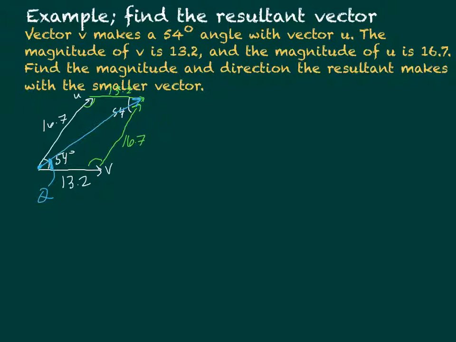To do that, I'm going to want to start by finding this angle right here, the angle between my u vector and my v vector, in this case. So I'm going to use my rules of parallelograms. I know that angle 1 here and angle 2 here are equal, and I know that the other two angles are equal.